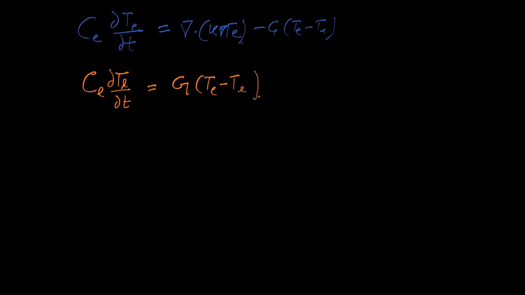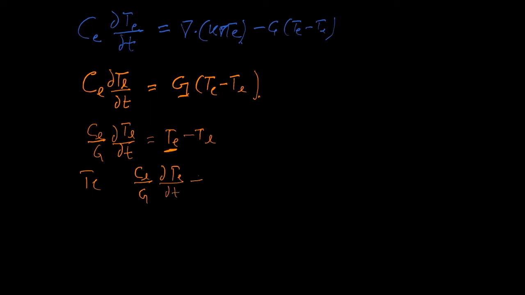Okay, so what we could do is simplify these two equations into one equation. If we take this G into the denominator, C_L over G ∂T_l/∂t equals T_e minus T_l. So T_e we could simply write as C_L over G ∂T_l/∂t plus T_l. So T_e equals this.